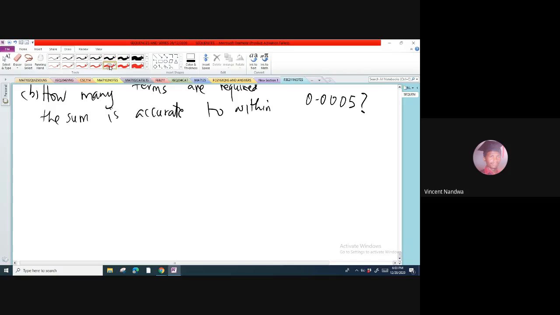So solution. In both part A and B, we need to know the value of this integral.